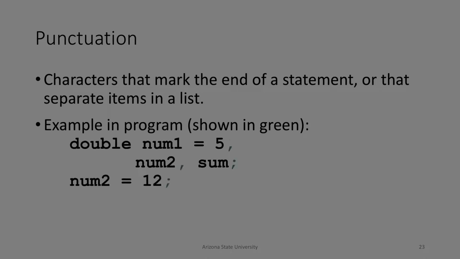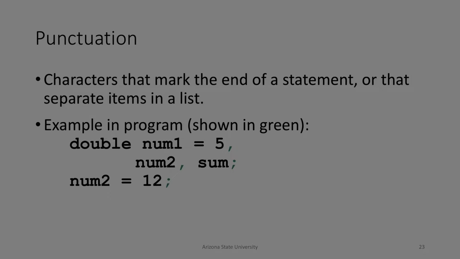The ones that we saw in the original program are the commas in the first statement to say the declaration of num1, this identifier, ends here after the 5. So what do you think that equals 5 means? Right, so I'm at the very beginning assigning 5 to num1, right at the very start.